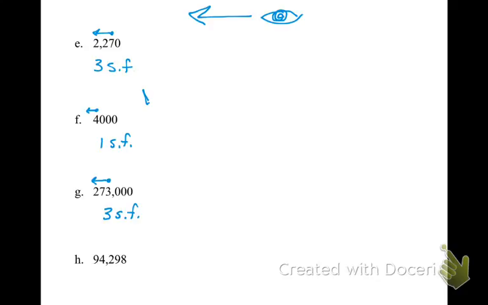And for 94,298, which is a very specific number, we should have 5 significant figures. Okay, so those are our answers. If you got any of those wrong, please make sure that you go back in the video and see where you kind of got hung up a little bit.